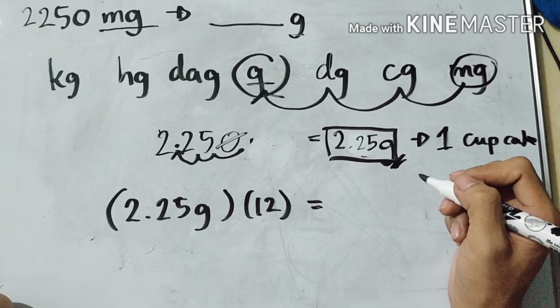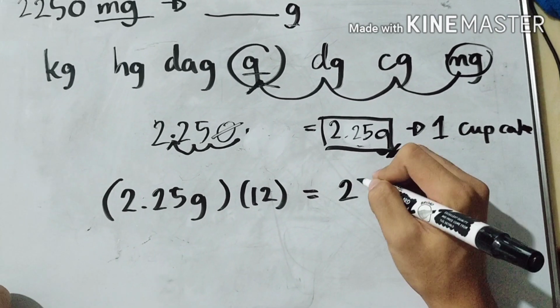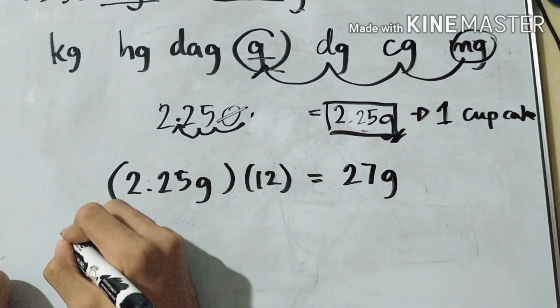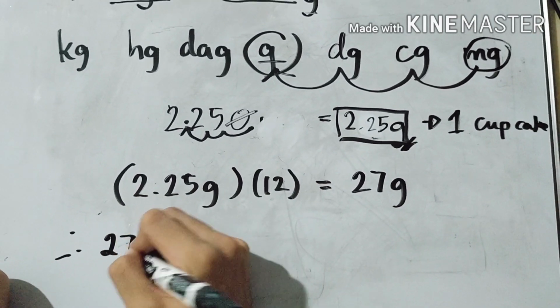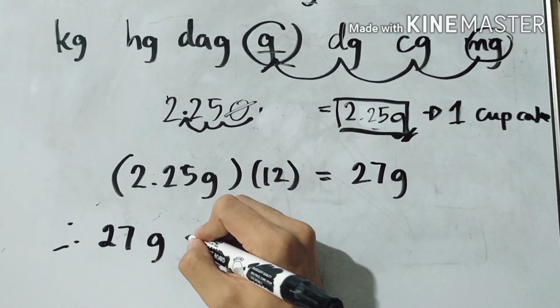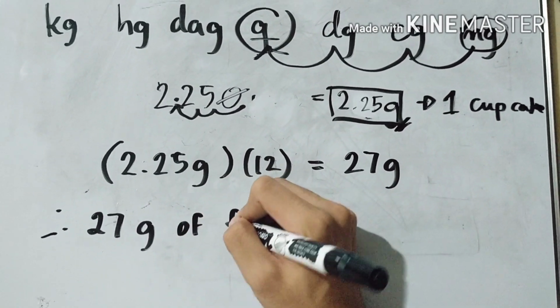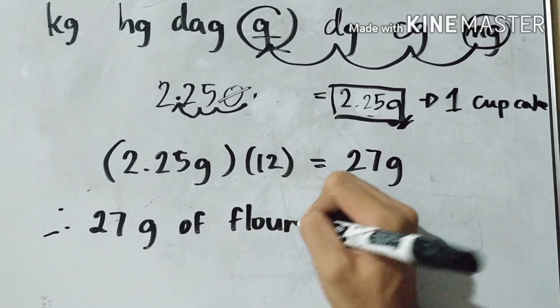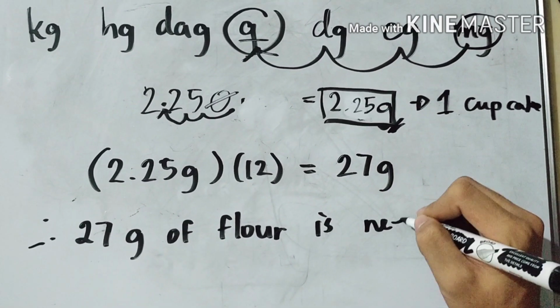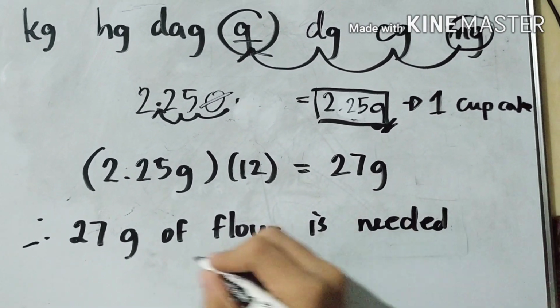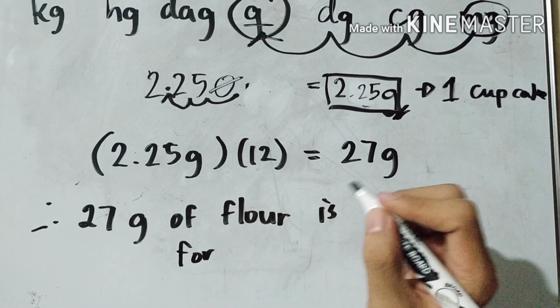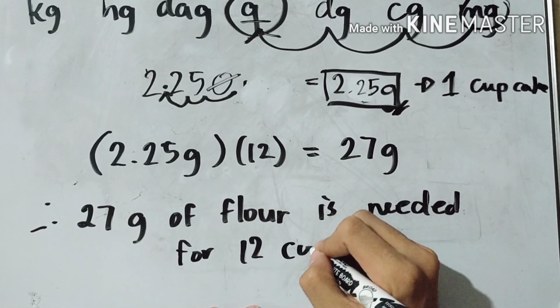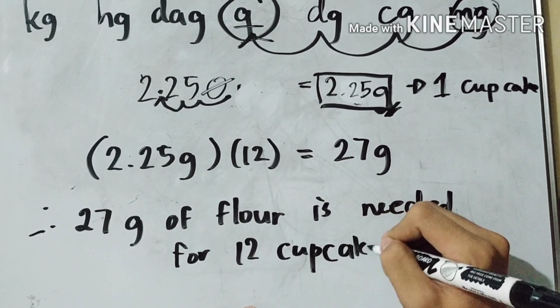Therefore, kapag minultiply mo yan, the answer is 27 grams. So, conclusion natin, 27 grams of flour is needed for 12 cupcakes.